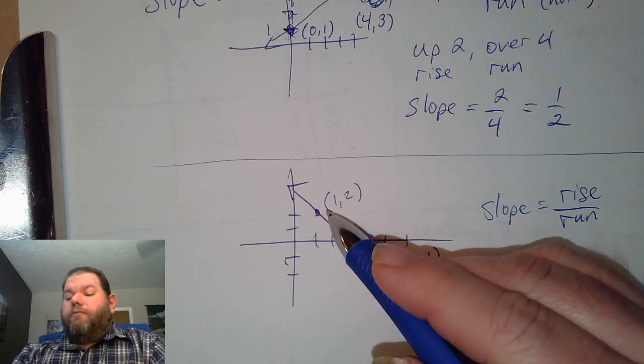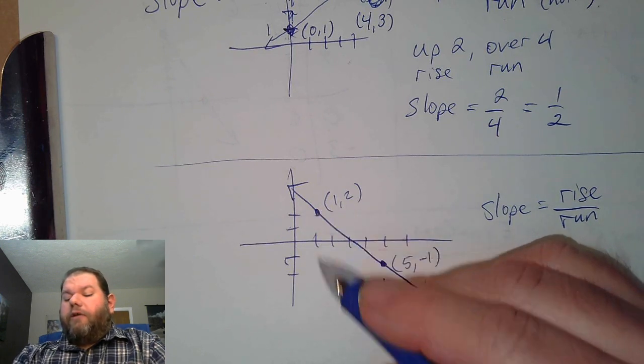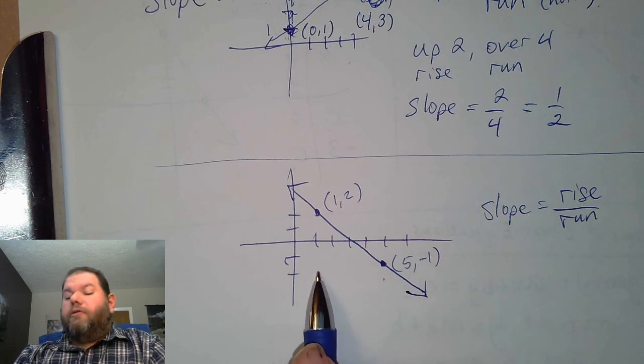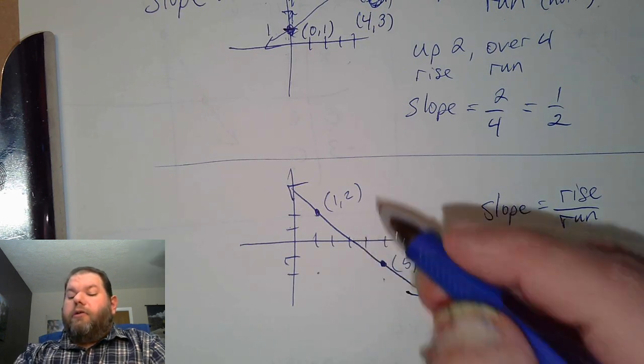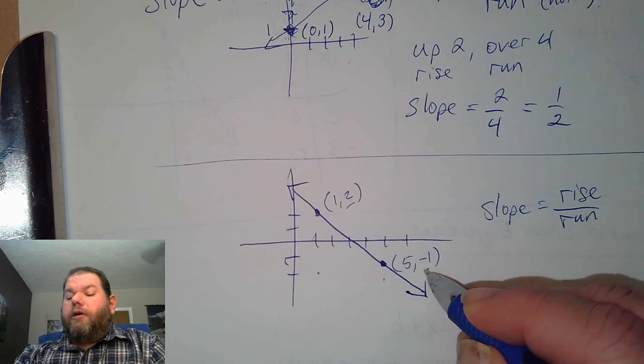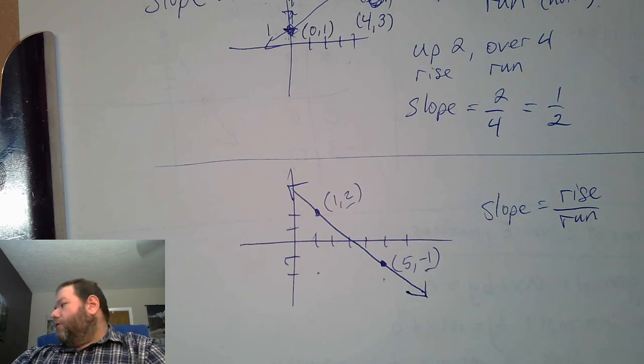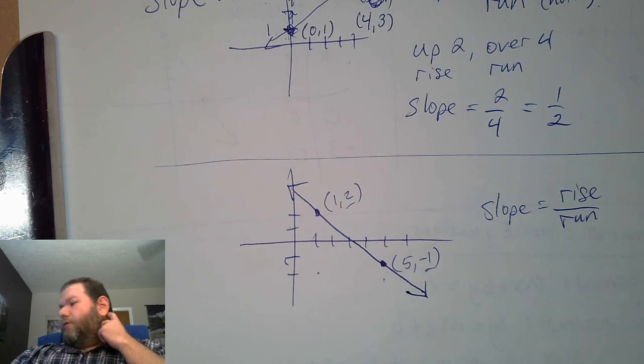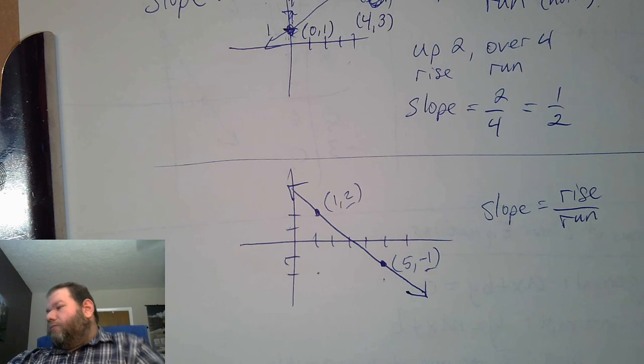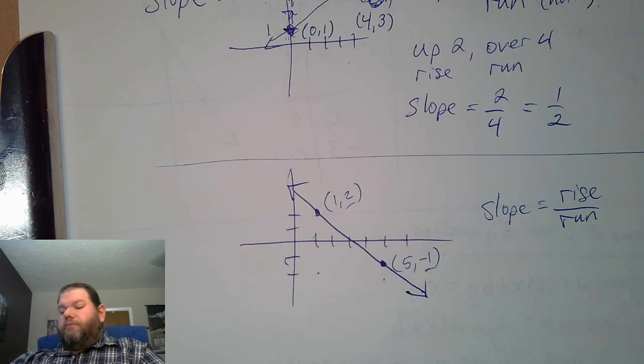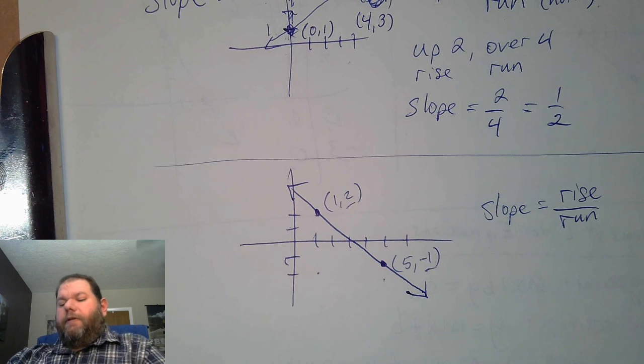How far down do we move to get from 2 to -1? 3 down, yes.